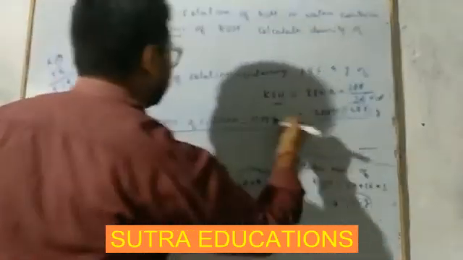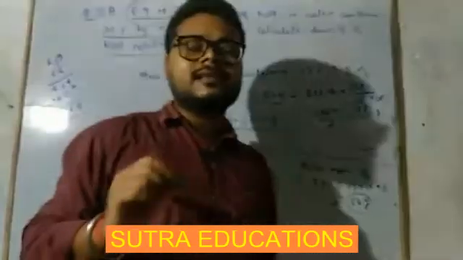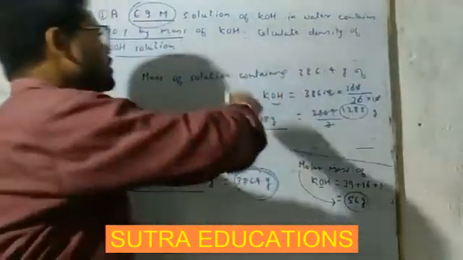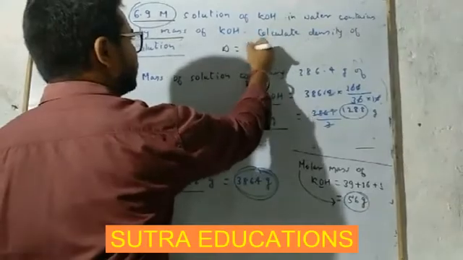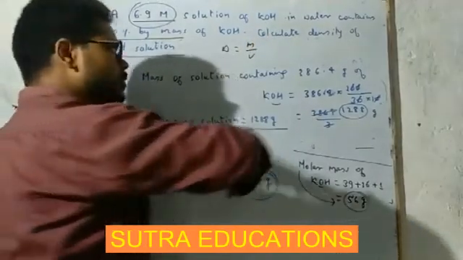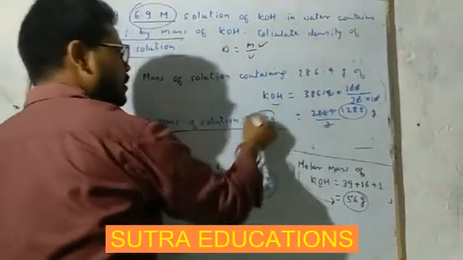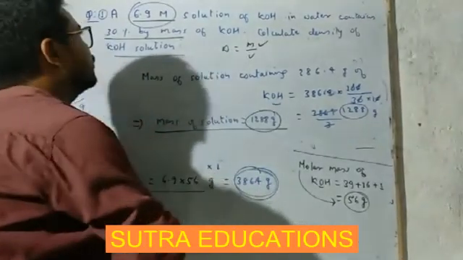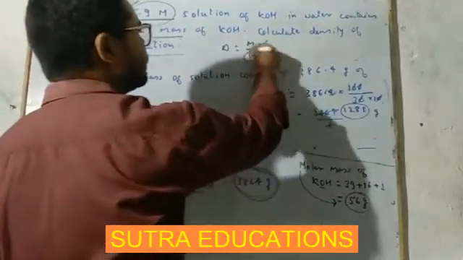We have to calculate the density of the solution, and I have told you density is equal to mass upon volume. We know the mass of solution we have calculated, and also we know the volume is 1 liter.